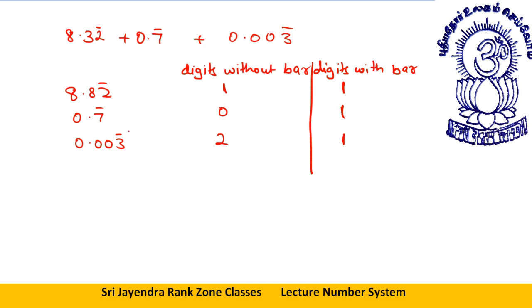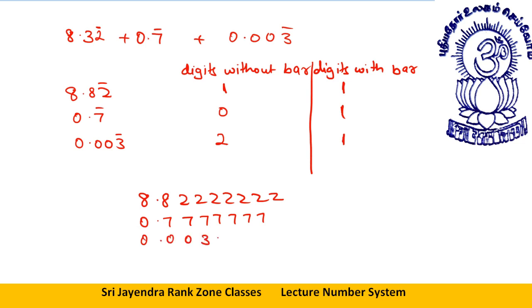Now, students, first of all, I will write 8.32 bar, so 2 I will repeat infinite times. 0.7 bar, so 7 I will repeat infinite times. Last is 0.03 bar, so it is 0.003 bar, so 3 will be repeated.